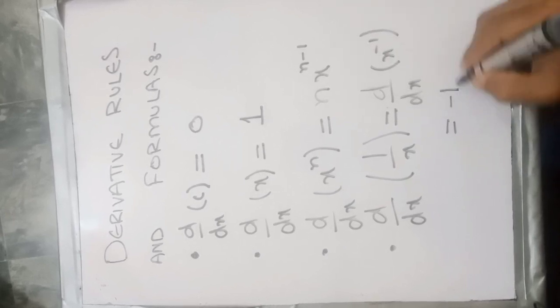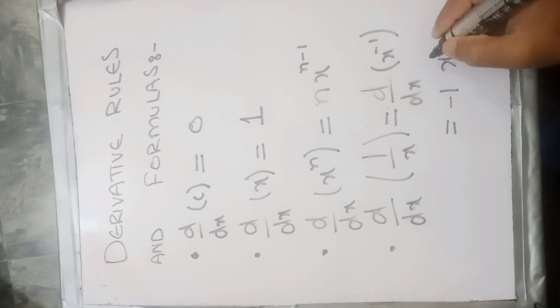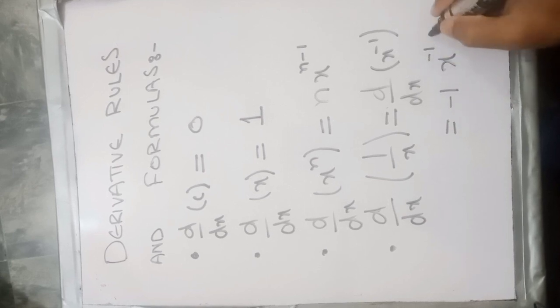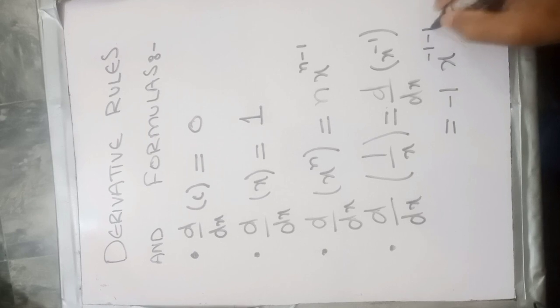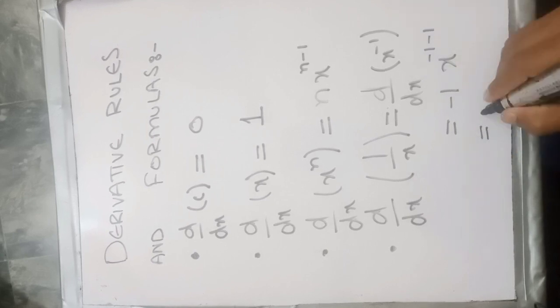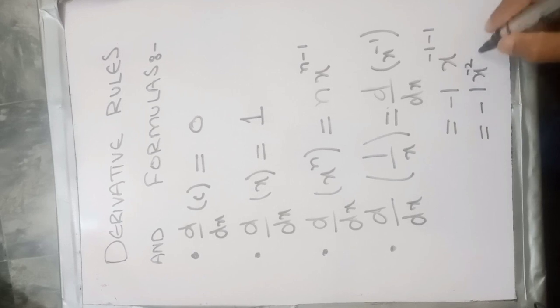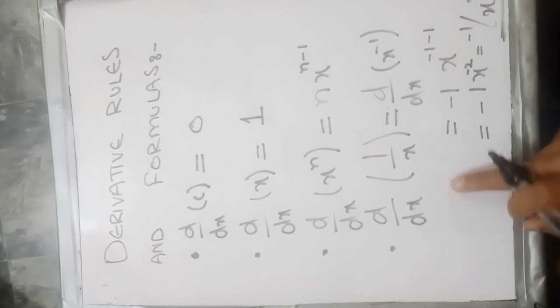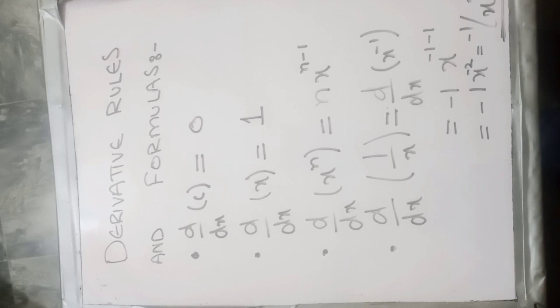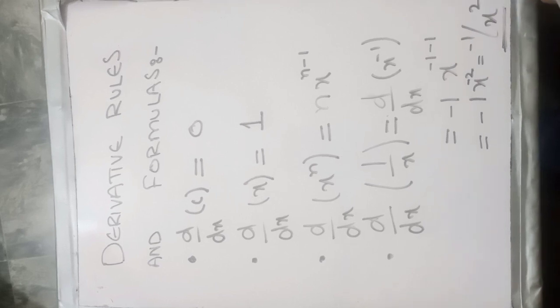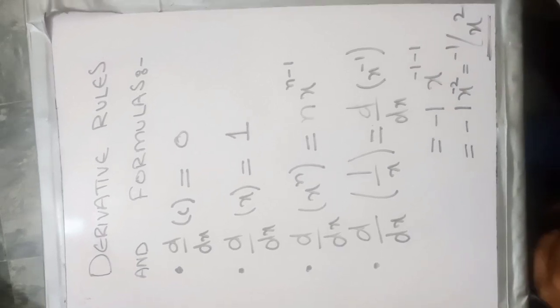Minus 1 is at the start, reduce 1 power in x, so already minus 1, then reduce minus 1 also, it will become minus 1 x square, which is equal to minus 1 over x square. So remember that the derivative of 1 over x is equal to minus 1 over x square.